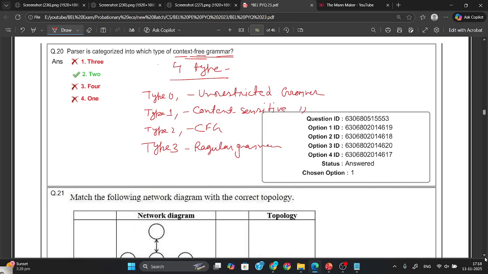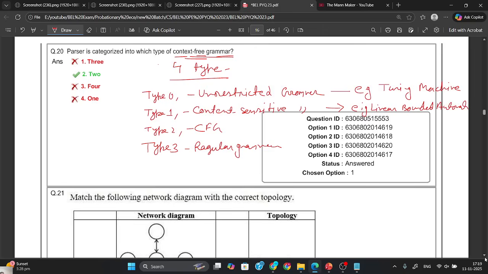For type 0, the example is the Turing machine. For type 1, we have linear bounded automaton. CFG has the parser as its example here, so you can write this.